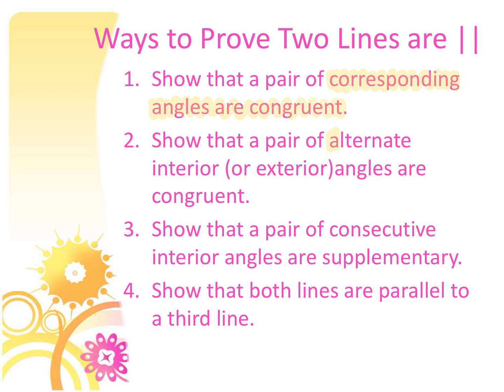Show that a pair of alternate interior or exterior angles are congruent. So again, if they're congruent, then my lines are parallel. Show that a pair of consecutive interior angles are supplementary. Keep in mind, they are not congruent, they must be supplementary. Then my lines are going to be parallel.